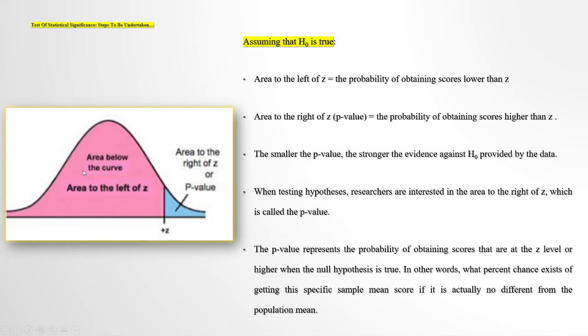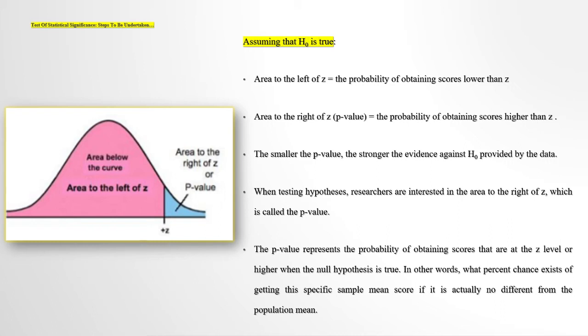The area to the left of Z shows the probability of obtaining scores lower than Z, whereas the area to the right of Z, which is also known as the p-value that we are calculating, shows the probability of obtaining scores higher than Z.